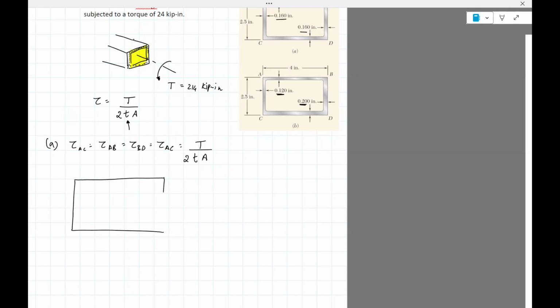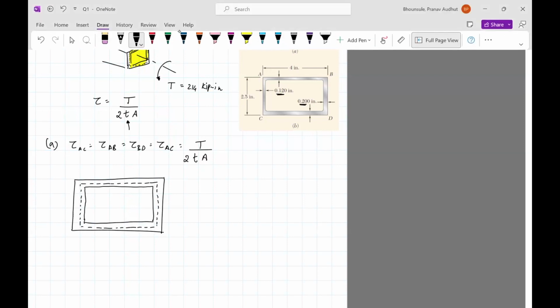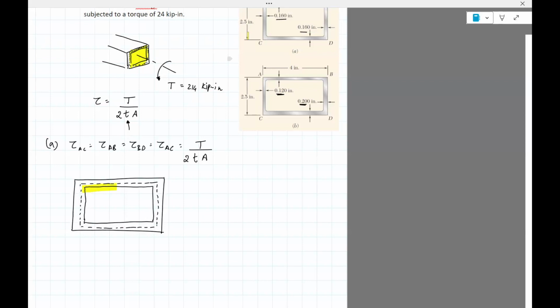So let me draw the beam, sort of draw an exaggerated view of the thickness, the midline. Okay, and I'm interested in computing this area.